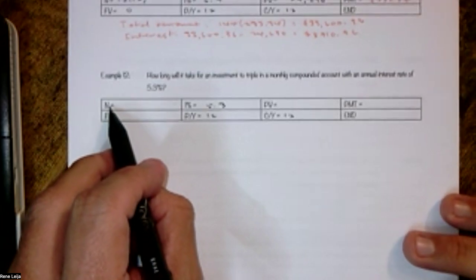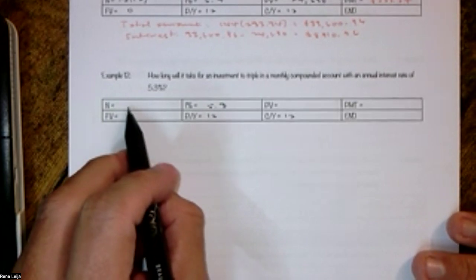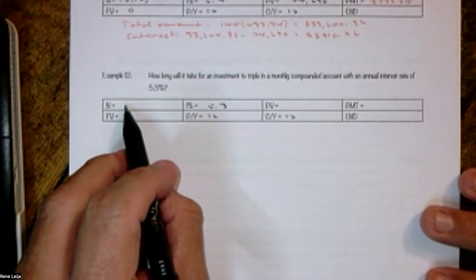I can't do anything with the compounding period because remember, big N is made up of your compounding period times the number of years. So I don't have that, and I can't put 12 in here because I don't know what the number of years is. And that's part of what I have to figure out.